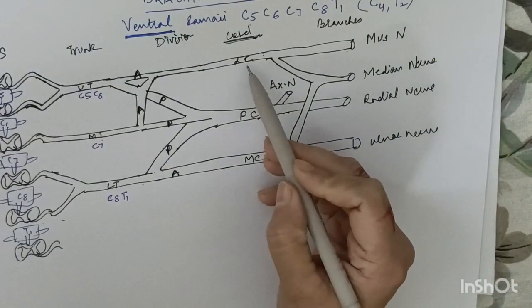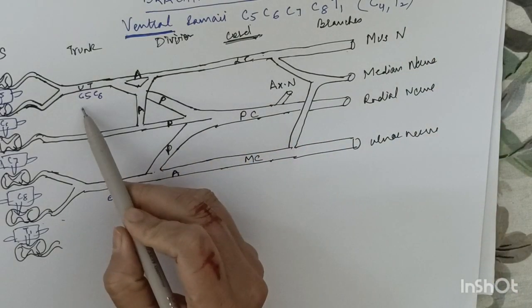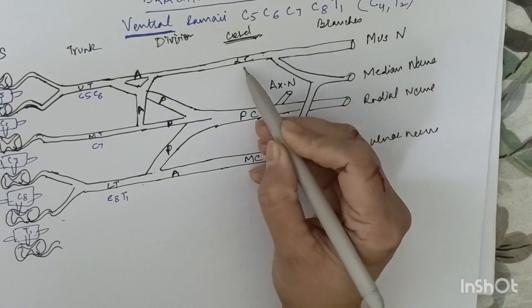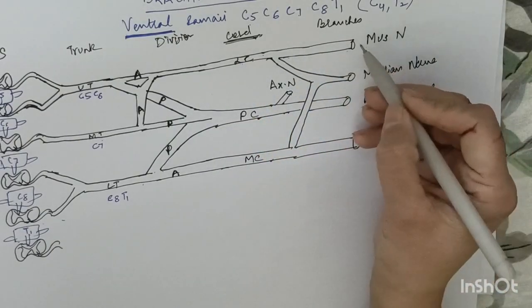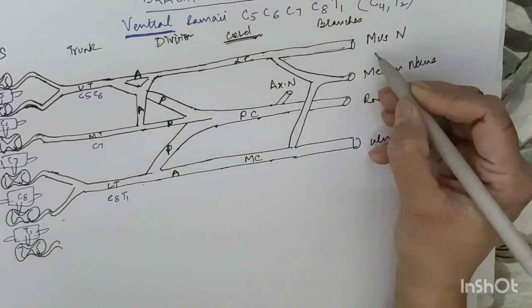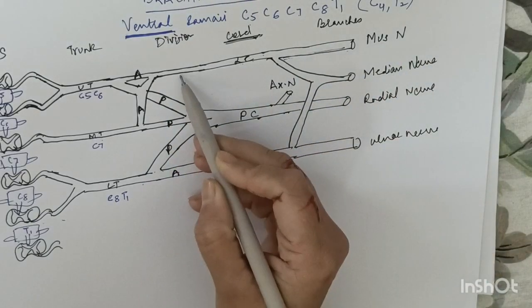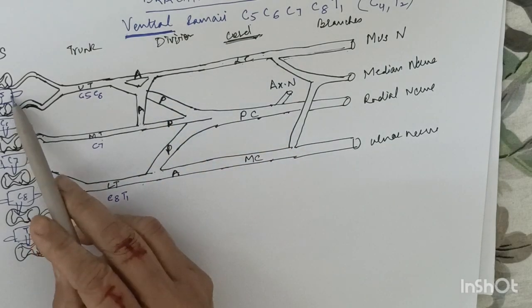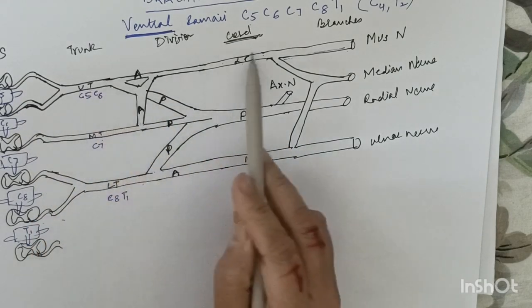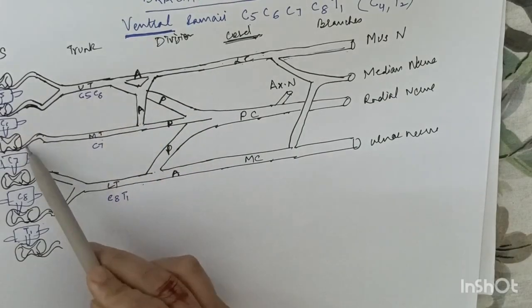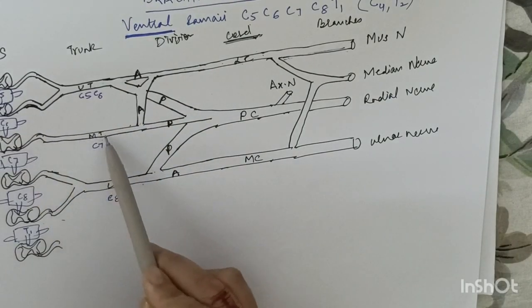Now if you can see, the lateral cord is giving the anterior branch, which itself gives the musculocutaneous nerve. The lateral cord is formed by the anterior division of C5, C6, that is the upper trunk, as well as the anterior division of the middle trunk.